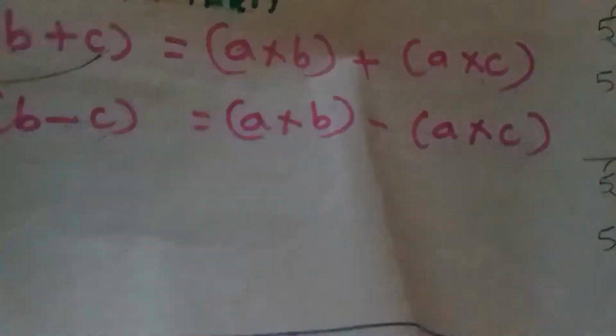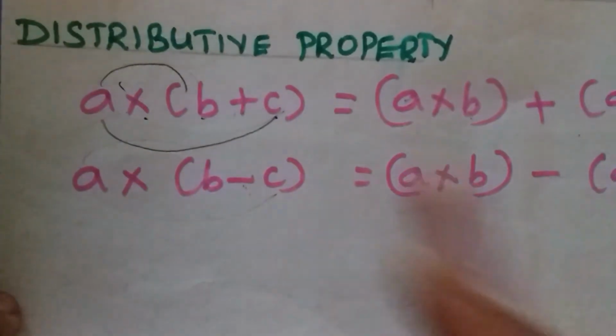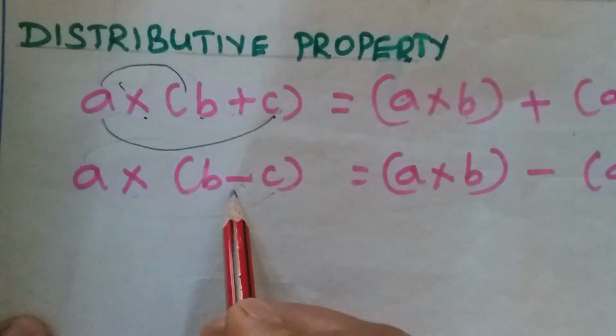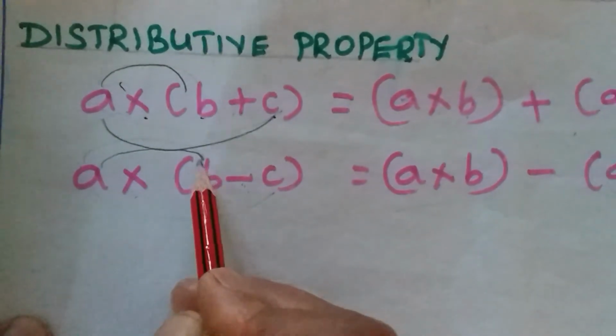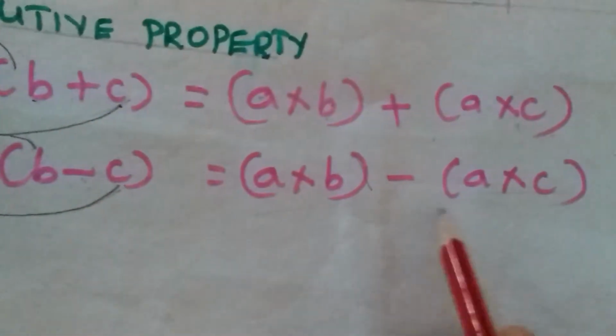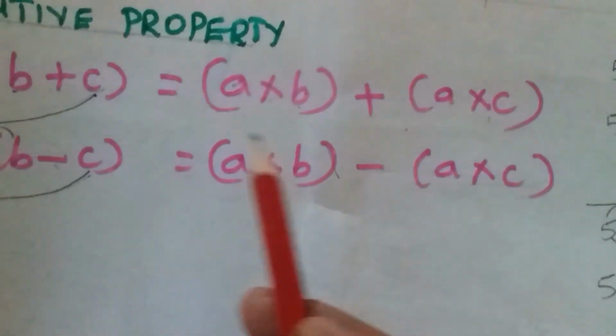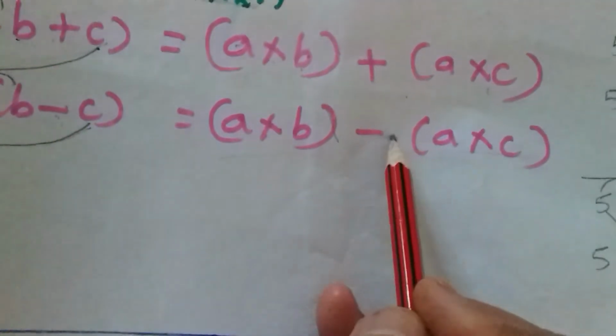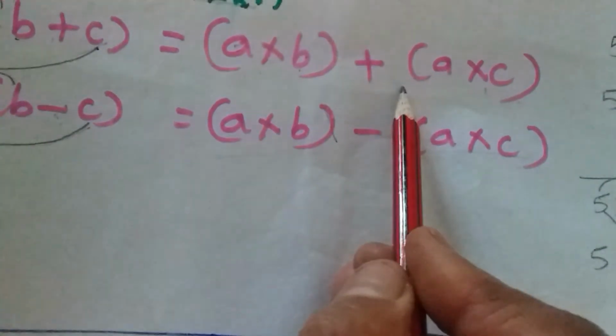Then in the same way, instead of addition we have subtraction also. Distributive property of multiplication over subtraction: A into B minus A into C. They are called distributive properties: multiplication over subtraction, multiplication over addition.